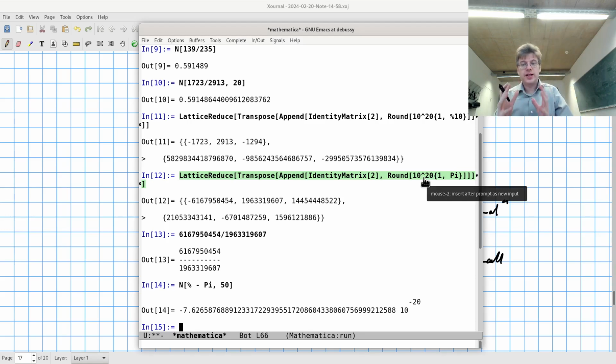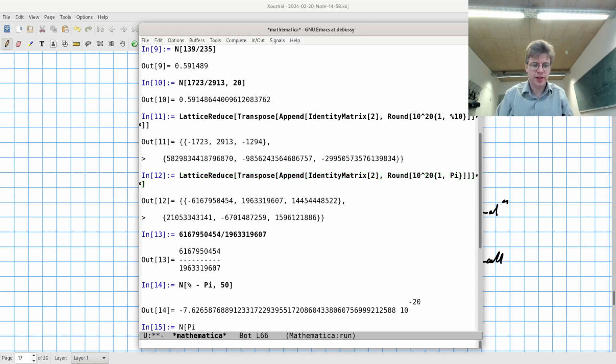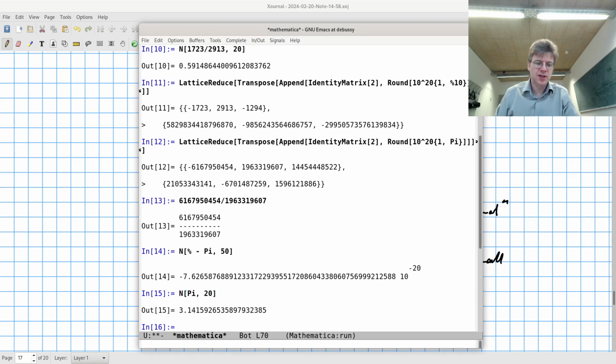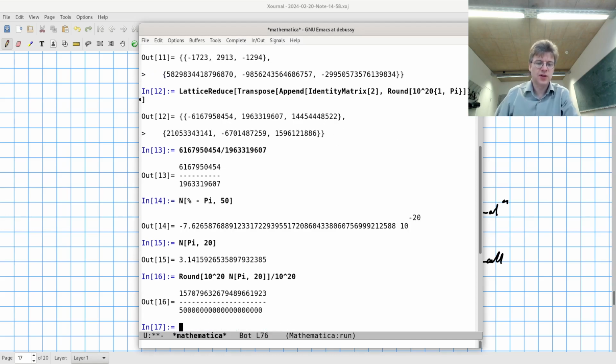Somehow what LLL does is it takes this standard approximation that is encoded by the floating point approximation. So if you take pi to 20 digits, then this is also a rational approximation somehow, because that's 10 to the 20 over 10 to the 20. So this is this fraction. But here all the information is in the numerator.